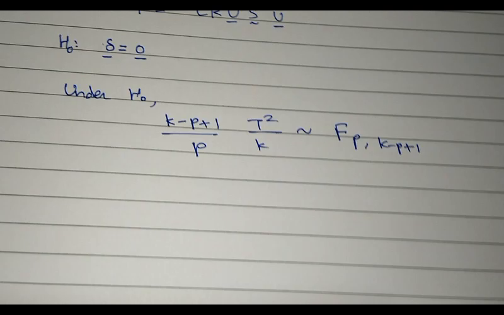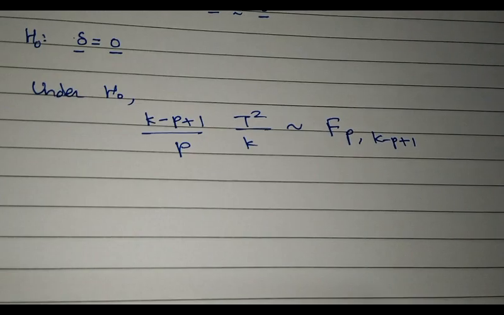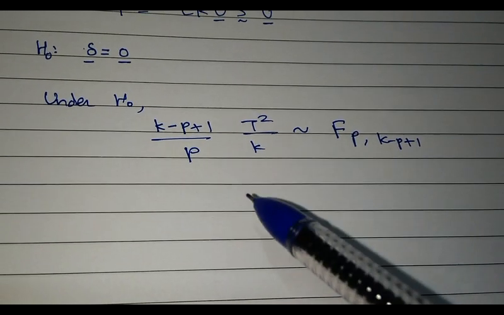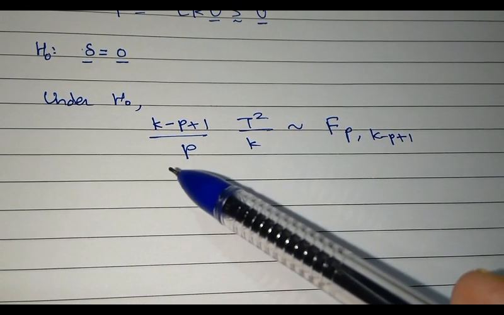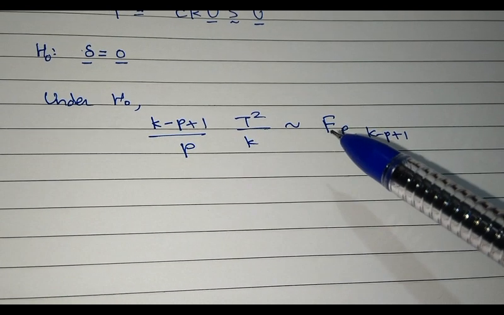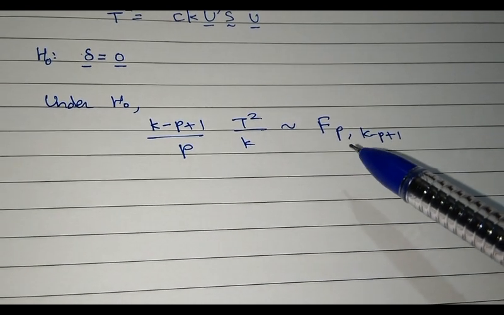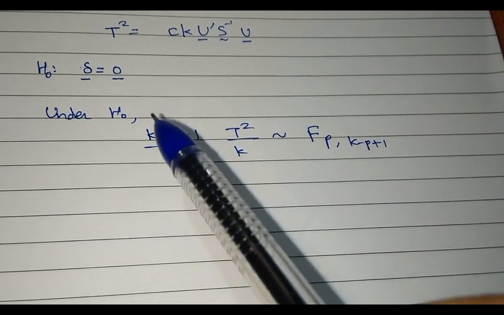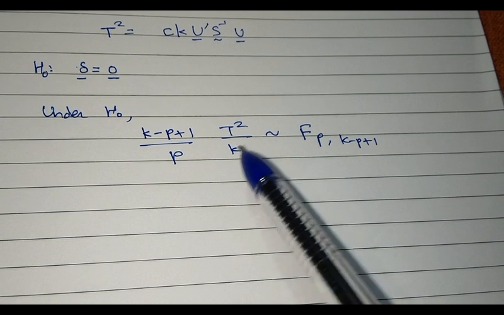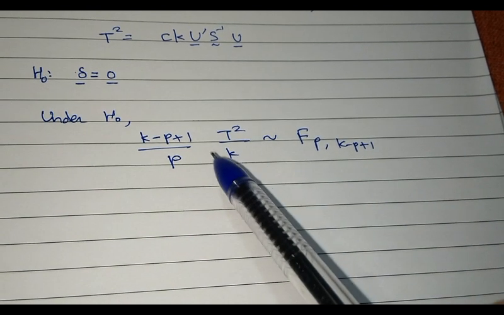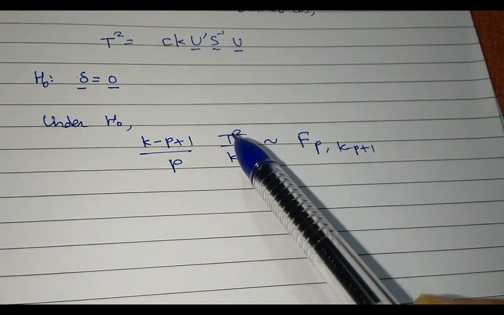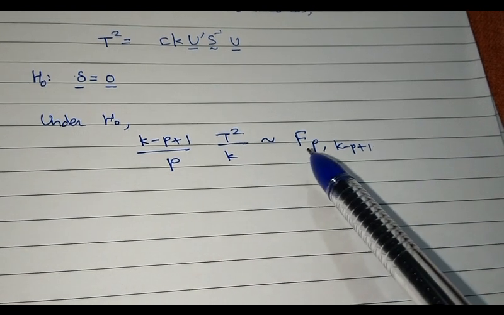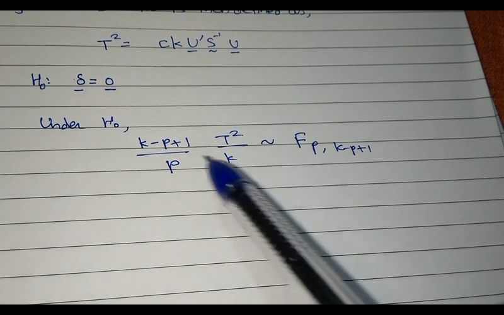This is the major result. So the null distribution of the Hotelling T-square statistic is (k minus p plus 1) by p times T square by k, and it follows an F distribution with p and k minus p plus 1 degrees of freedom.